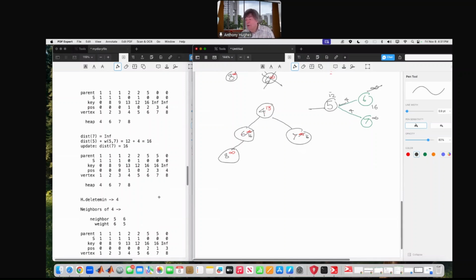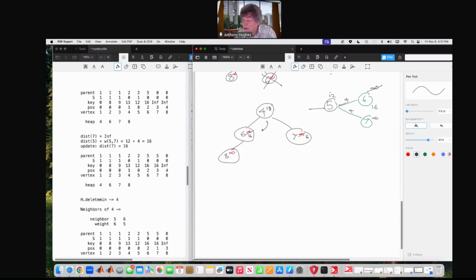Let me just say something. Let's pretend for a moment this is not 13, but let's give it a new value. Let's pretend that this value in here was 18. Then 16 and 18, we would have to switch these around.